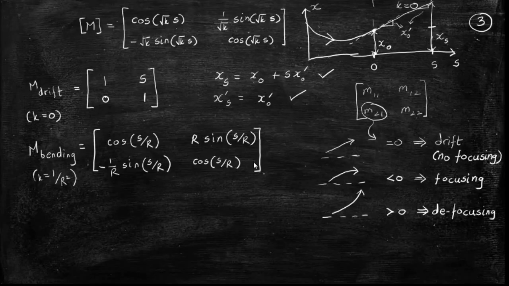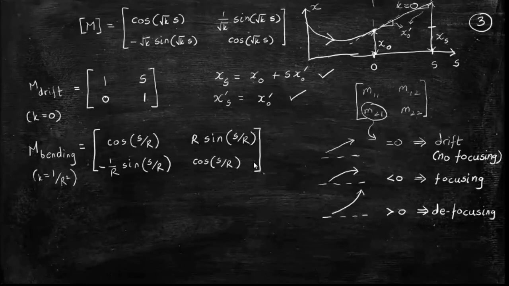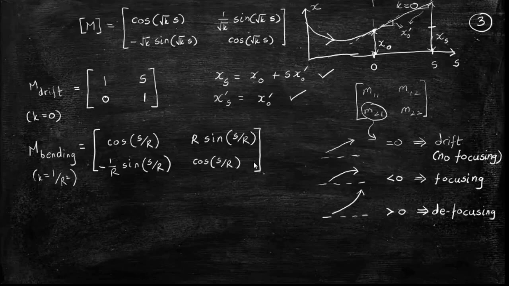Now, a bending magnet is supposed to bend the beam, so how does it end up focusing the beam also? Let us try to understand this at this point. The first thing is that this term indicates something called weak focusing.